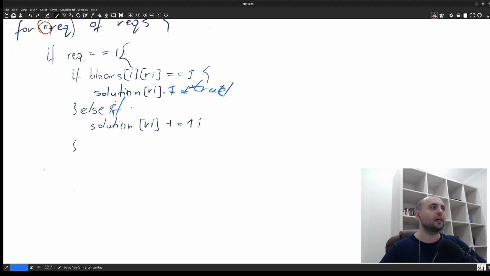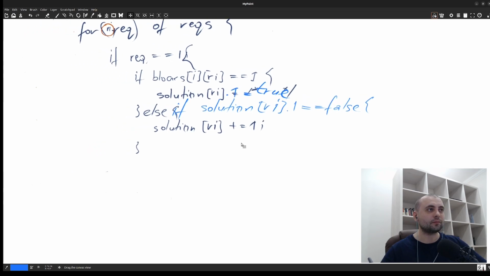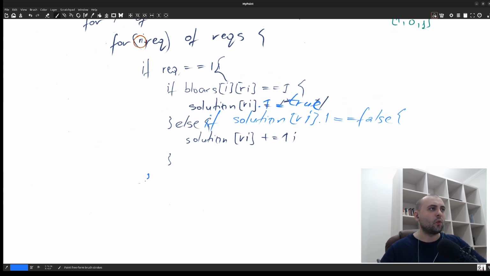So this should be an else if solution of Ri dot 1 is false. Only then increase the distance, because this means we didn't find the solution. Else doesn't make any sense, otherwise we'll pollute our data. So yeah, we got our stuff here.